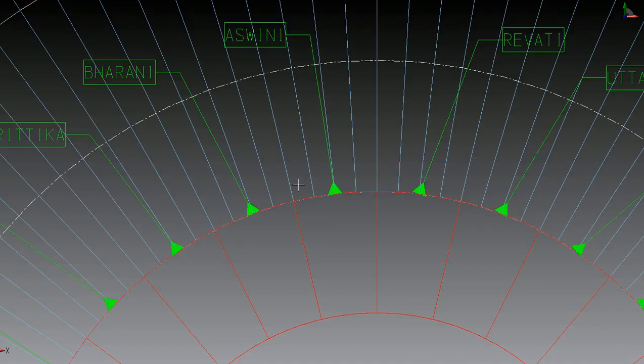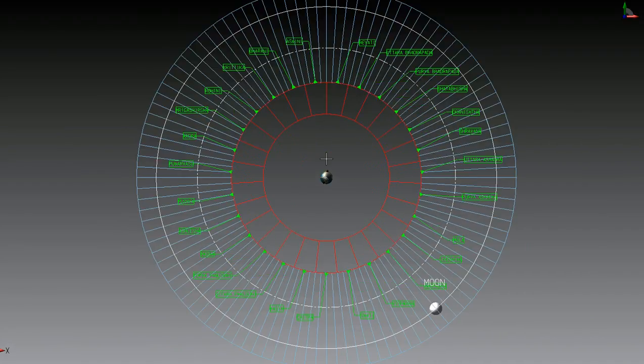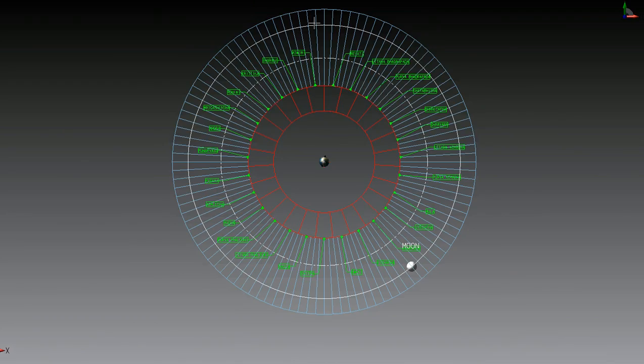Now if we look at the total number of padhas, there are 108 padhas. There are 27 lunar mansions considered in Indian astrology, and each lunar mansion has 4 padhas, so altogether 108 is the number.